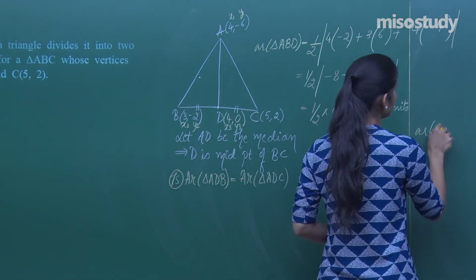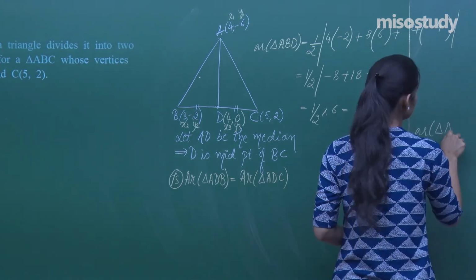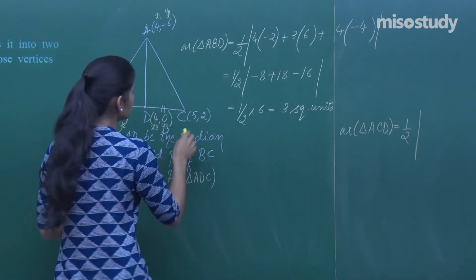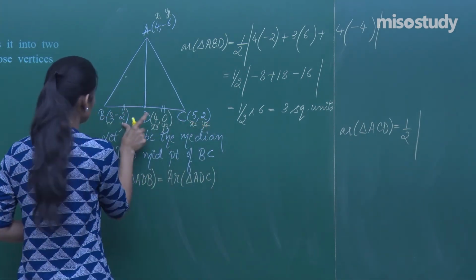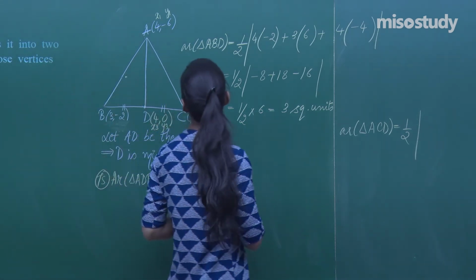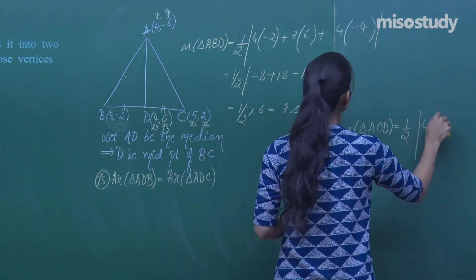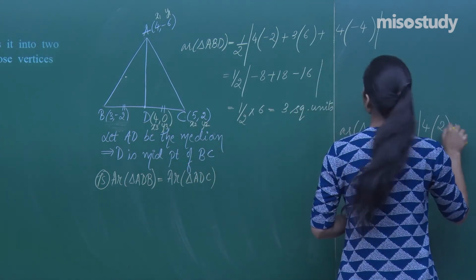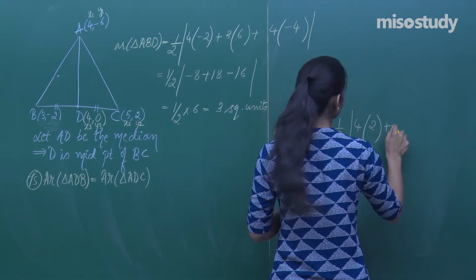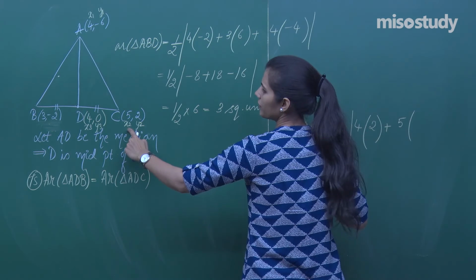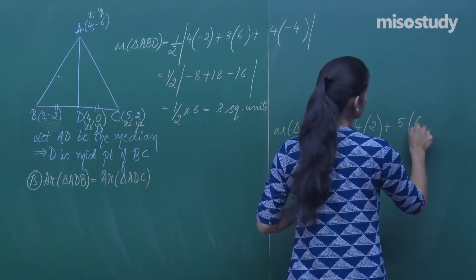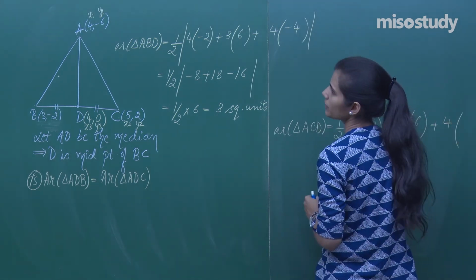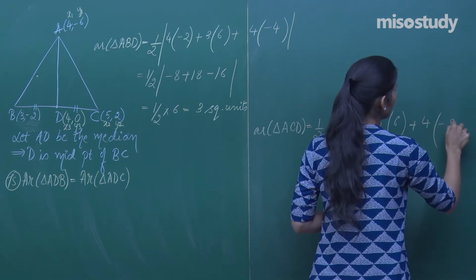After that, we wish to compute the area of the next triangle, which is triangle ADC. This is half into mod of, for that, I'm just going to take now this as x2, y2. Fine. So I get half x1, which is 4, times (y2 minus y3), so 2 minus 0, which is 2, plus x2 (y3 minus y1), 0 minus minus 6, which is 6, plus x3, that is 4, times (y1 minus y2), so you get minus 6 minus 2, that is minus 8.